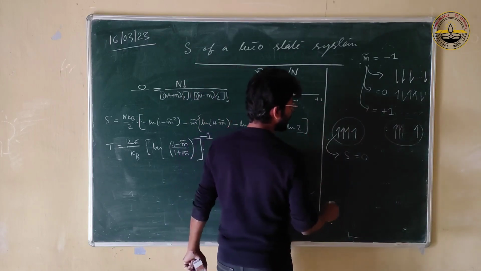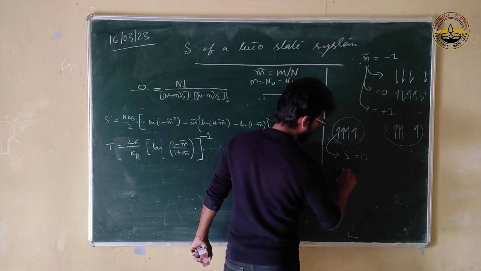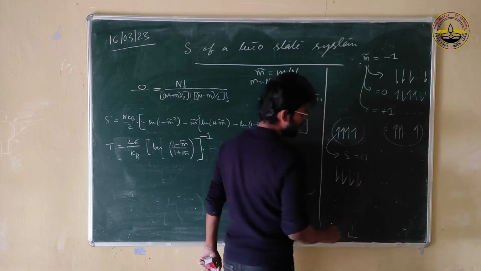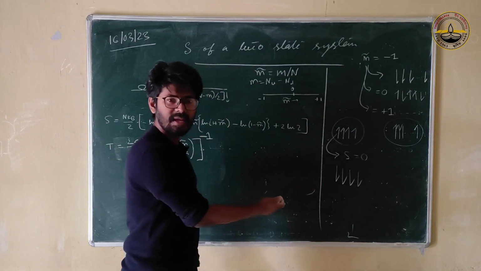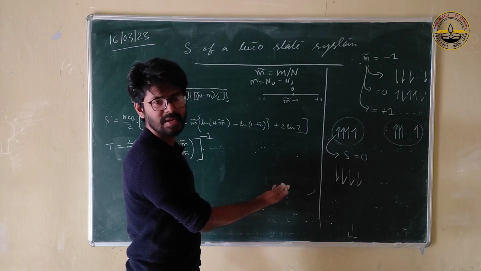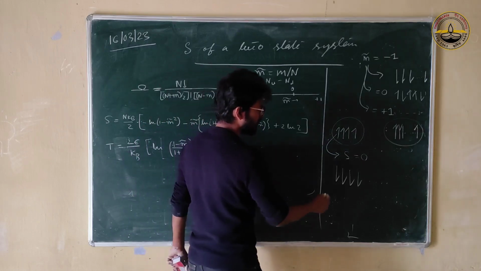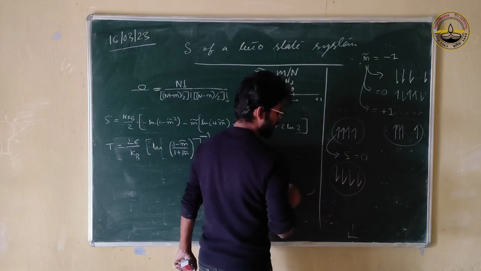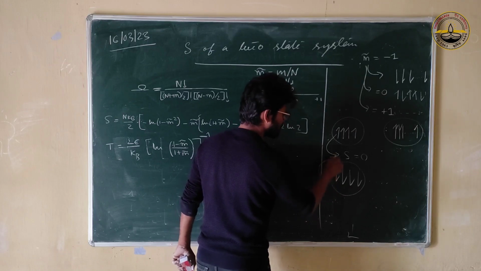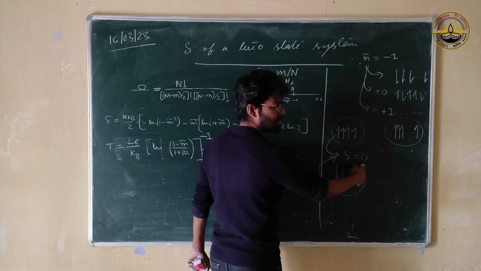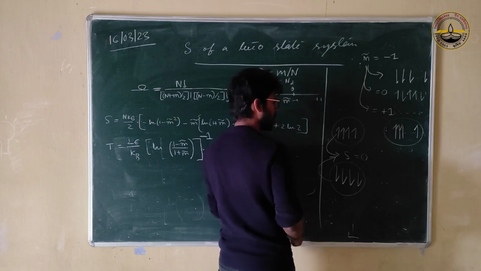All pointing down is again very organized, and there is only one way you can get it. So it's once again very ordered, and therefore this too must correspond to minimum entropy, entropy equal to 0.